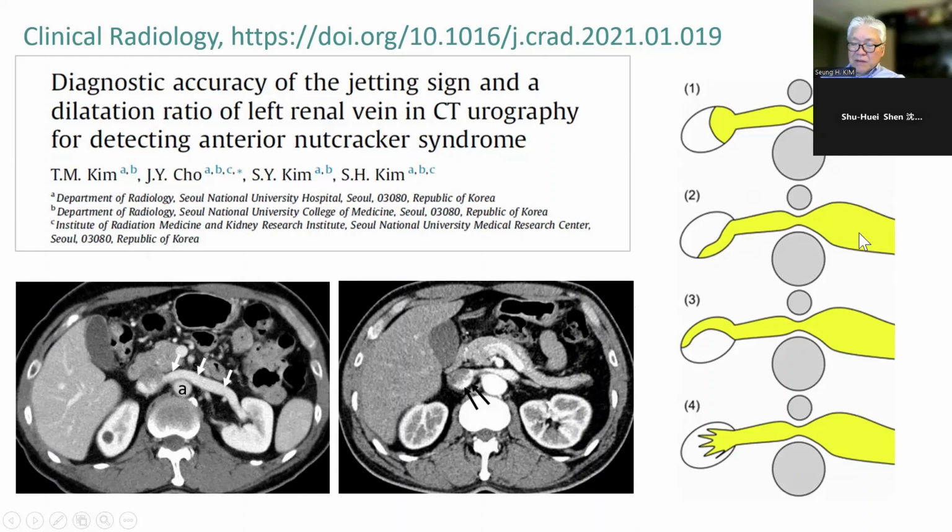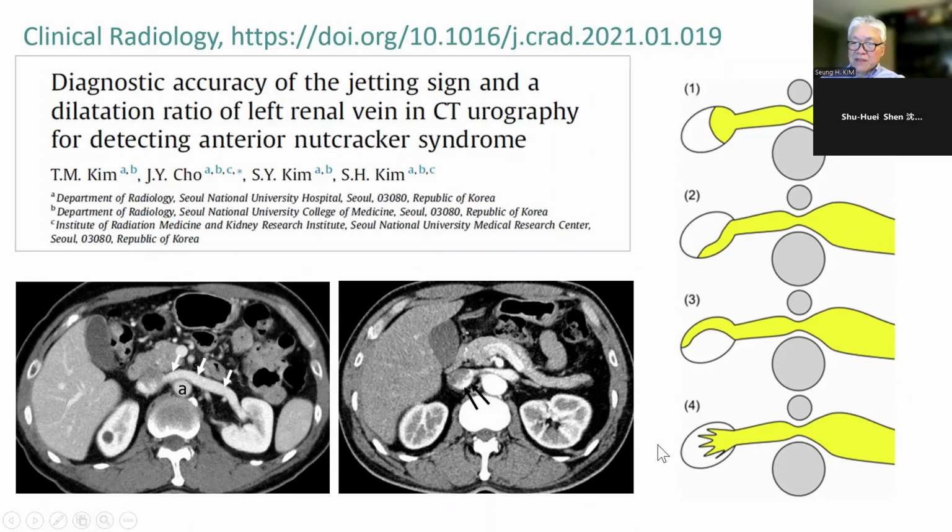But if we see the flow along the anterior margin of the inferior vena cava, it means that it's against the natural specific gravity. It means that it's a quite fast flow, and of course, if we see jetting, like the case we saw before, it definitely indicates that there is a compression.